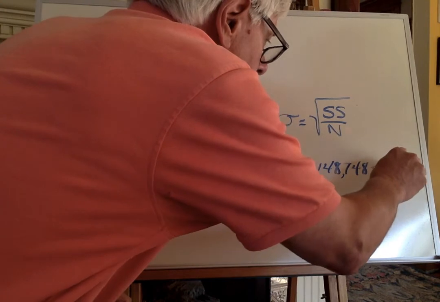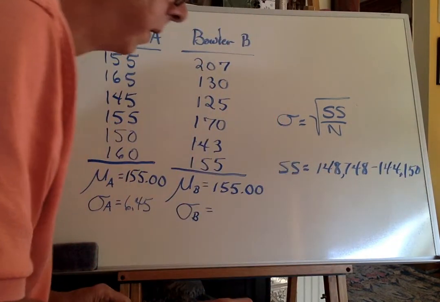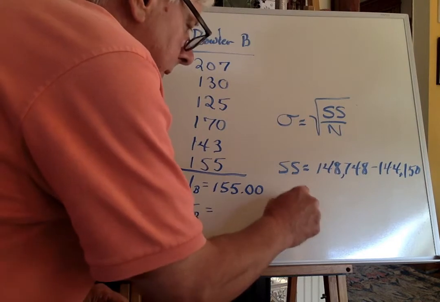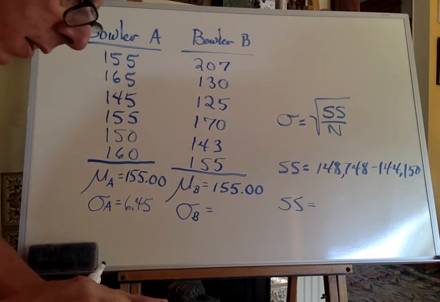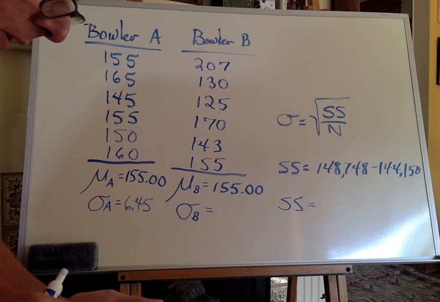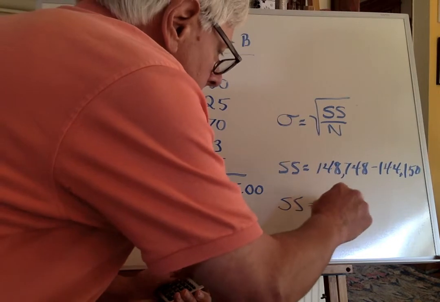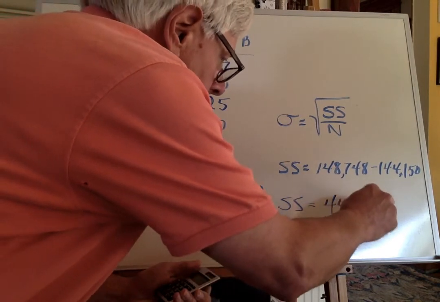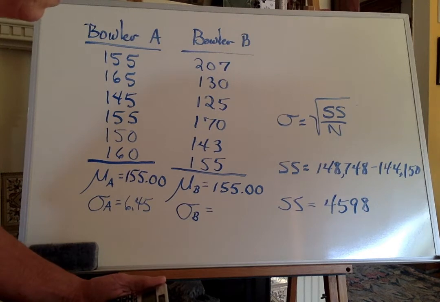So it's 144,150. Okay? Sum of squares then is 148,748 minus 144,150. So sum of squares here is 4598. Okay?